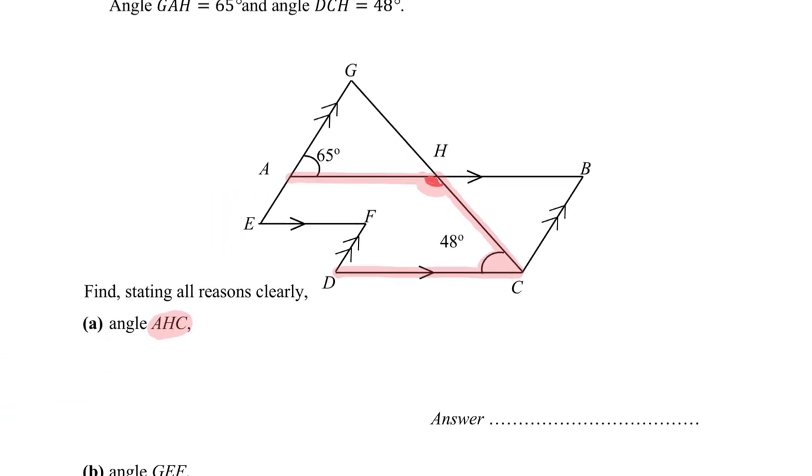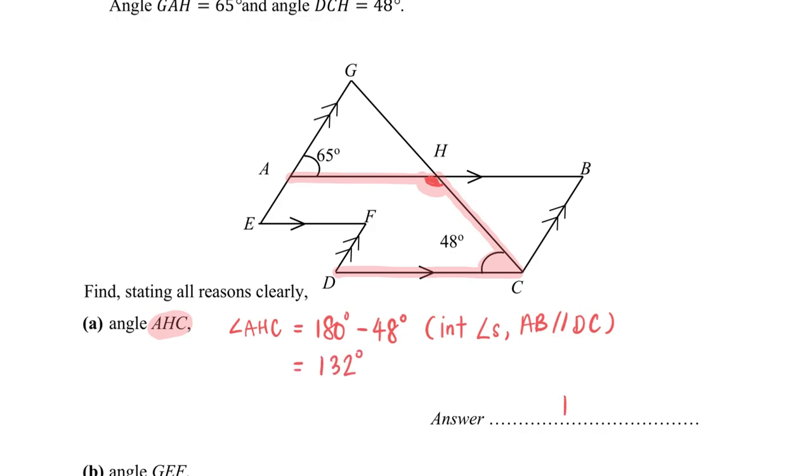So the very first answer would be angle AHC is equal to 180 degrees minus 48 degrees, because they are interior angles, with AB parallel to DC. And this will give me a value of 132 degrees.